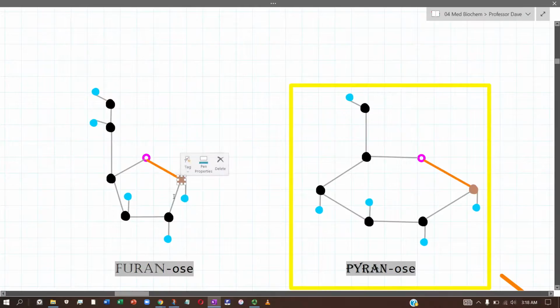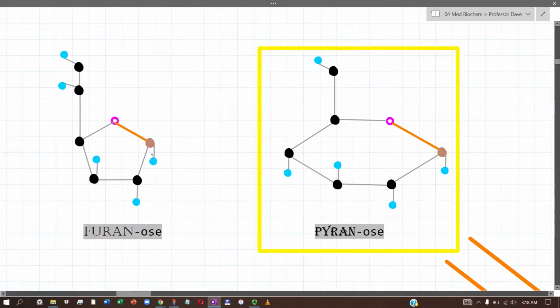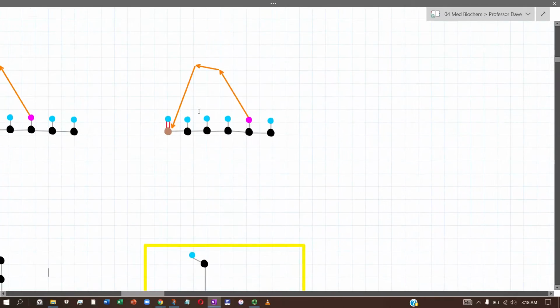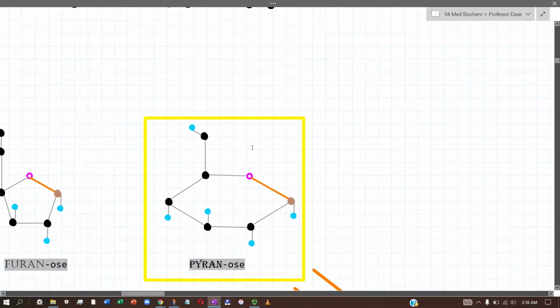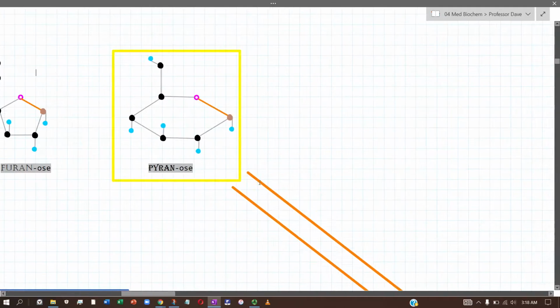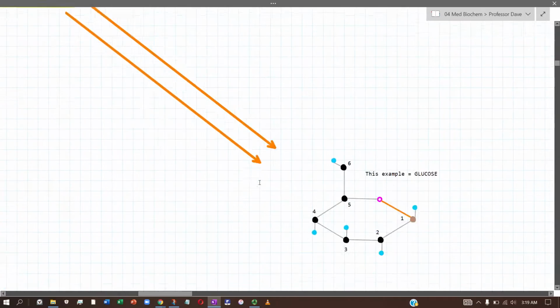So this is carbon 1, 2, 3, 4, 5, and 6. Cool. So right next door, whenever the hydroxyl group on carbon 5 performs the attack, you get this thing called pyranose, and you get the hexagon shaped ring.